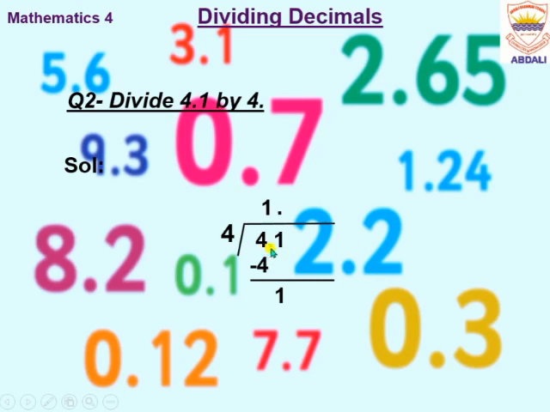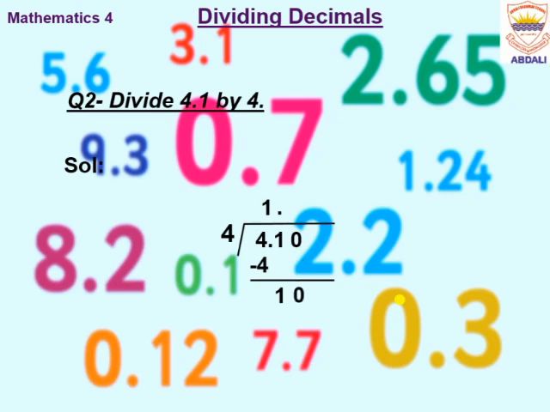Whenever we put decimal here, we can put 0 as much as we need here. If we need 30 here, we can put 30. If we need 20, we can also put 20. But here we just need 10, so I put here 10. Now I can bring down this 0 here and can solve our division.